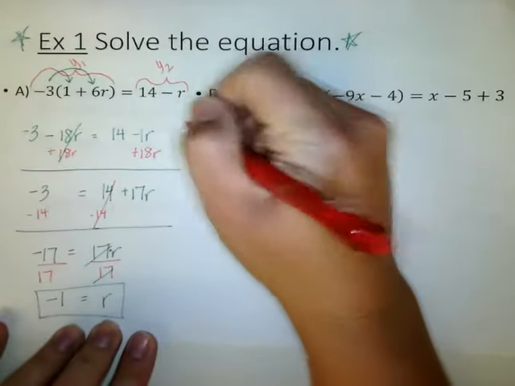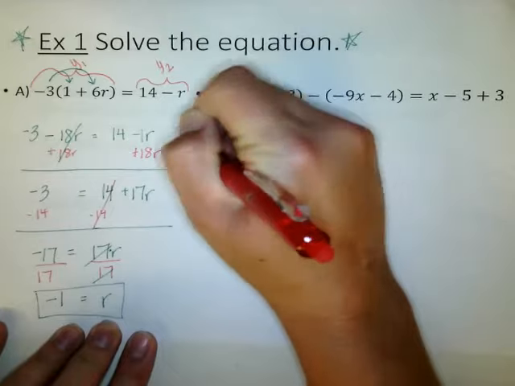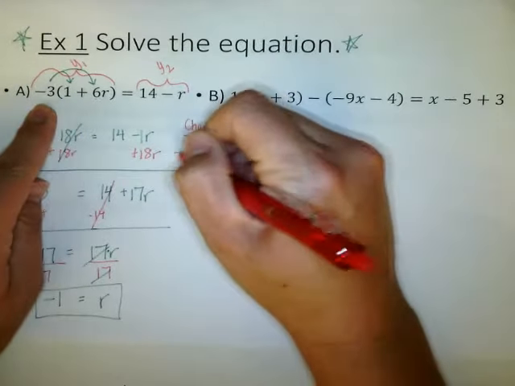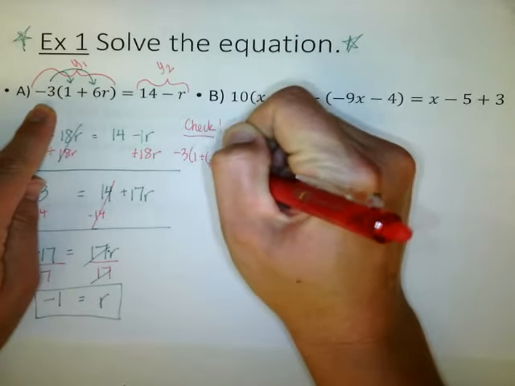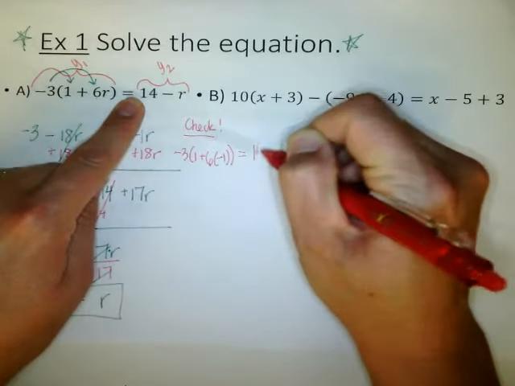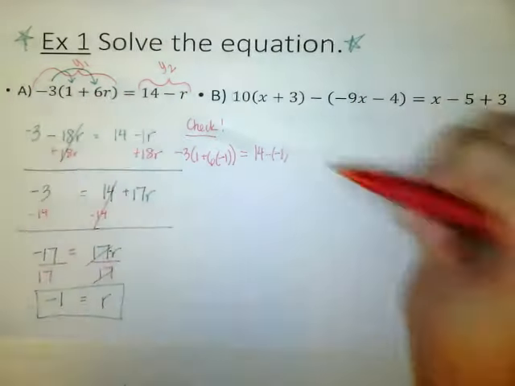So when you check your solution by plugging it back in, -3 times (1 plus 6 times -1) is supposed to equal 14 minus -1.